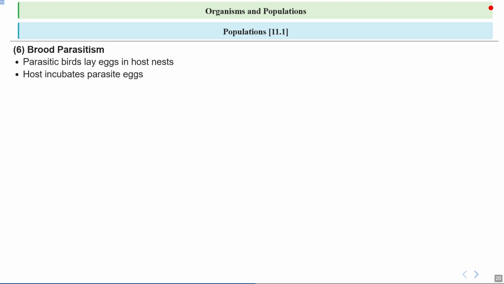Clear? These parasitic eggs evolved to match the host eggs in size and color. This camouflage helps the parasitic eggs avoid detection and rejection by the host bird, ensuring they are incubated and hatched. So all the work is being done here by the host.